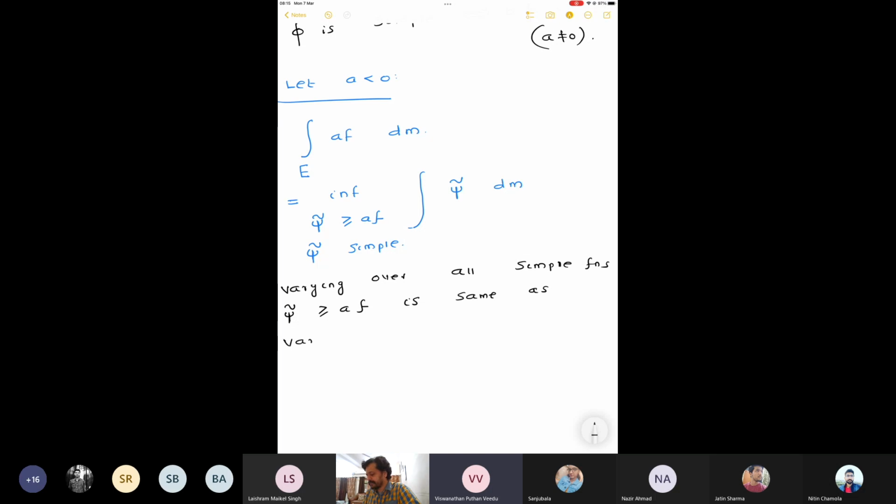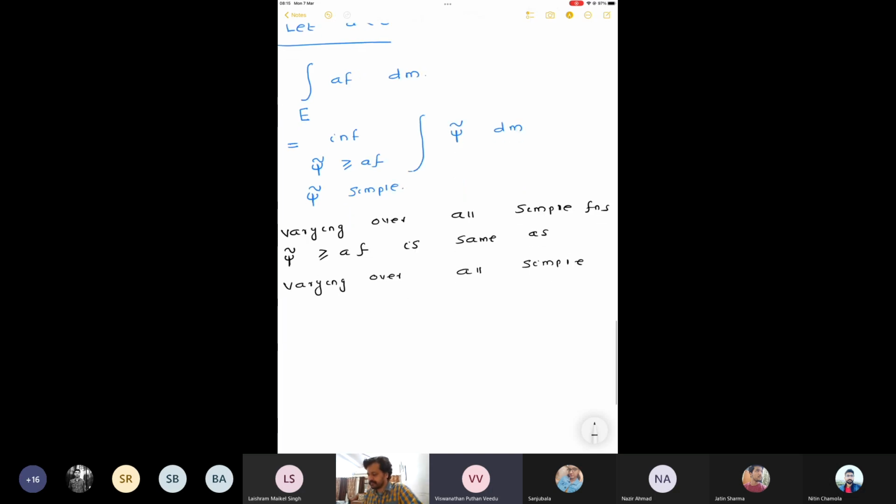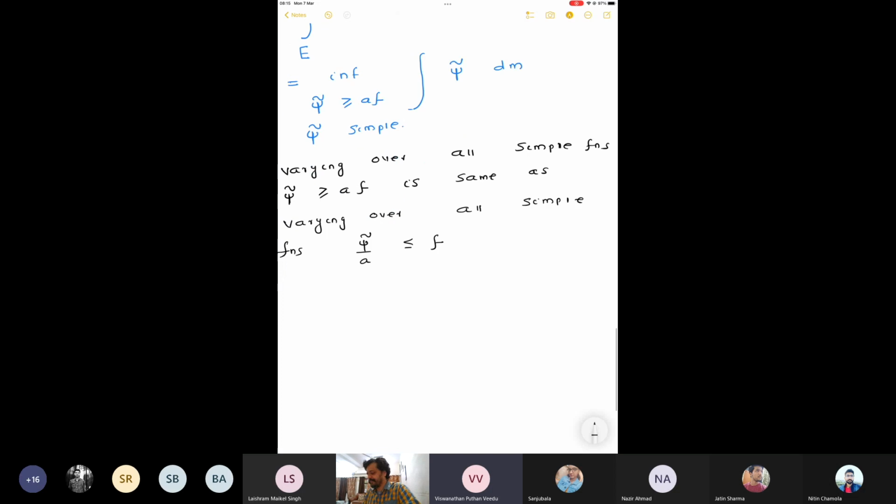So this is the same as varying over all simple functions psi bar by a less than or equal to f, that is, over all simple functions phi less than or equal to f.